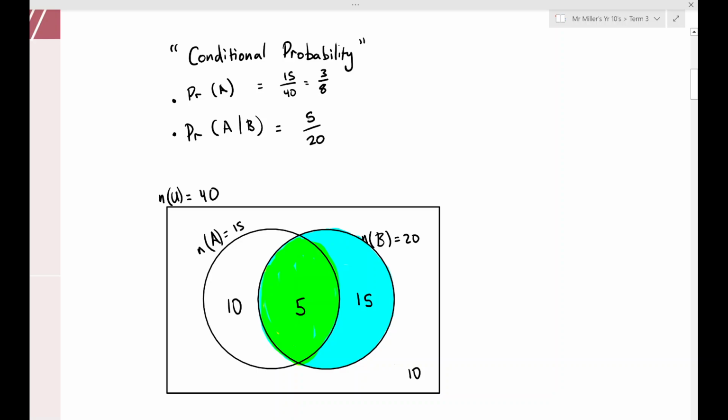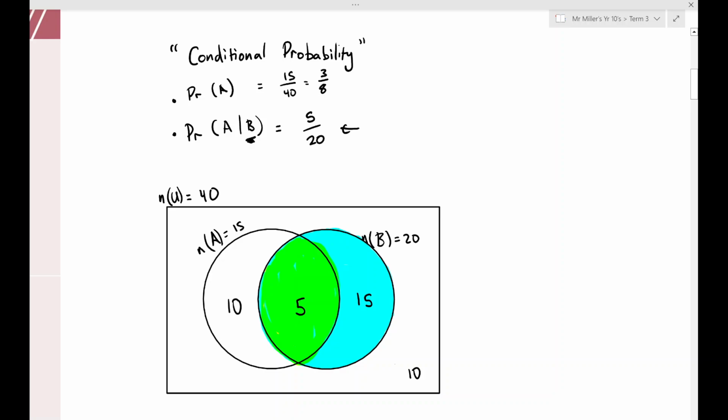So when we shade the probability of A given B on a Venn diagram, it looks something like this. We're not looking out of the full sample space like we did in the first example. It's not out of 40. It's out of whatever is given.